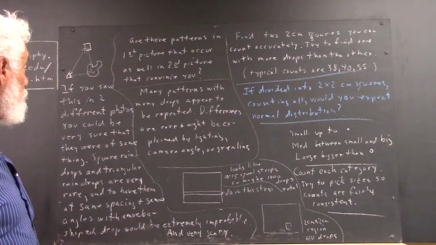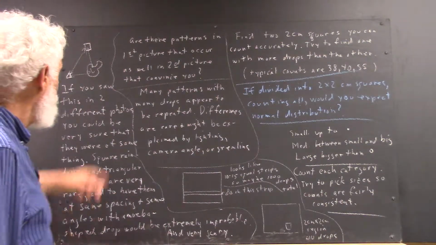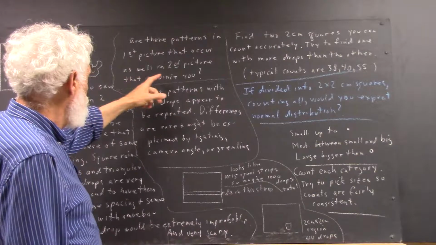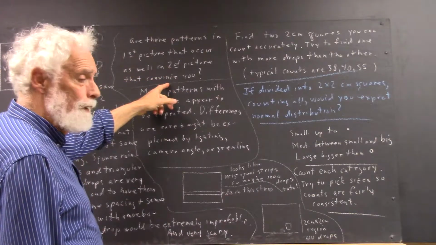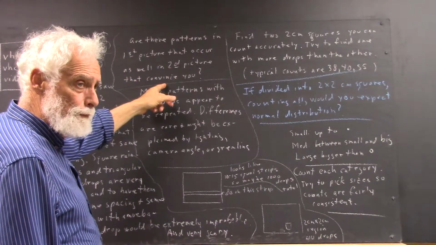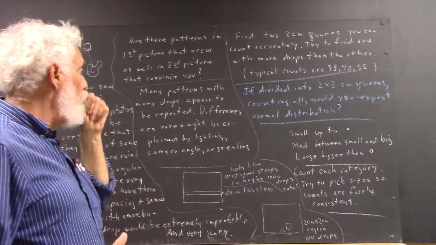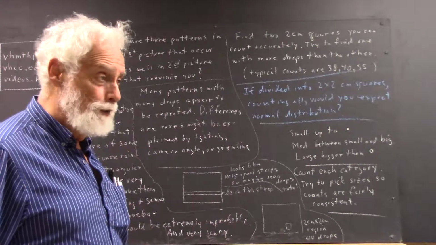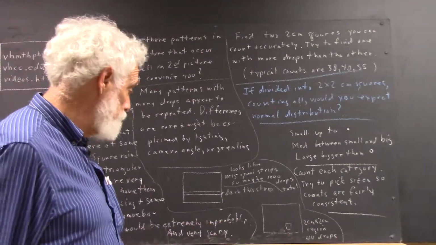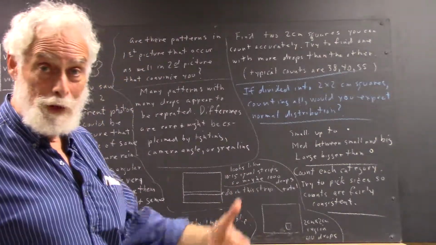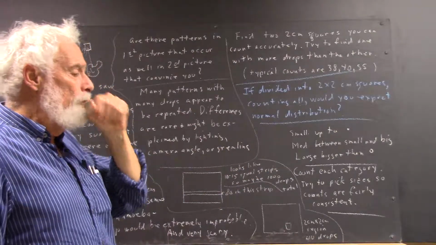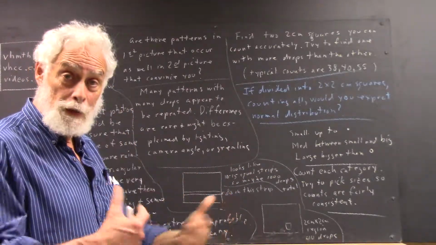Okay, so my question then is, are there patterns in the first picture that occur as well in the second picture that are enough to convince you? So people looked around, people started seeing patterns. I showed this to one of our adjunct faculty who's done a lot of astronomy, and she said, yeah, reminds you of the constellations if you look at it the right way.